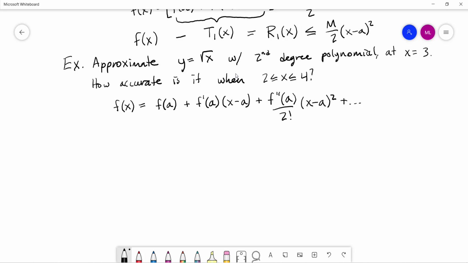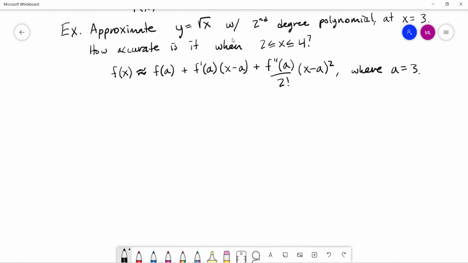But for us, because we're only doing a second degree polynomial, we're going to get rid of the dot dot dots, and instead of calling this an exact equal sign, we're going to say this is our approximation. And so for us, our value of a is 3, because that's where we want to center our approximation.